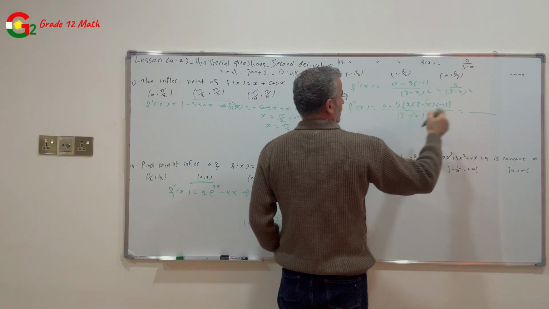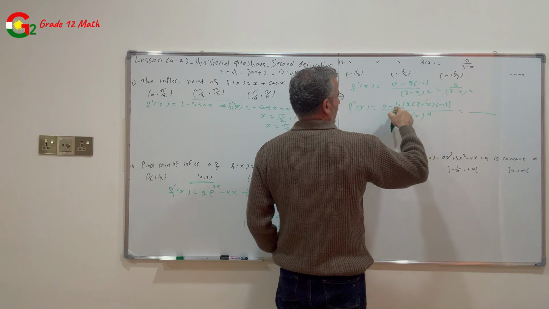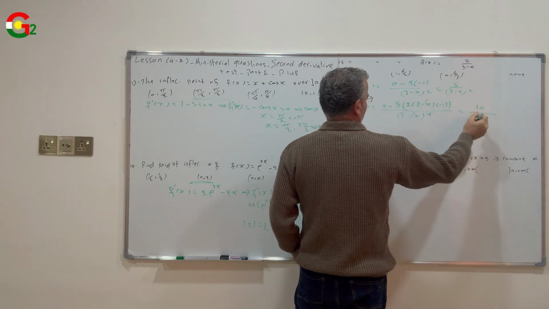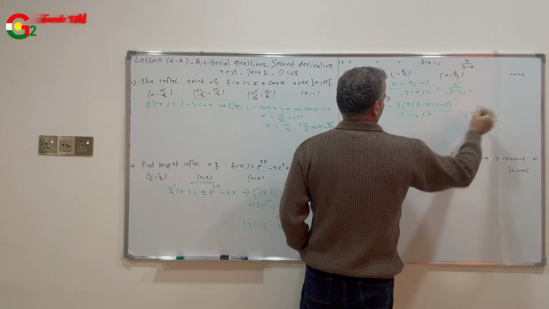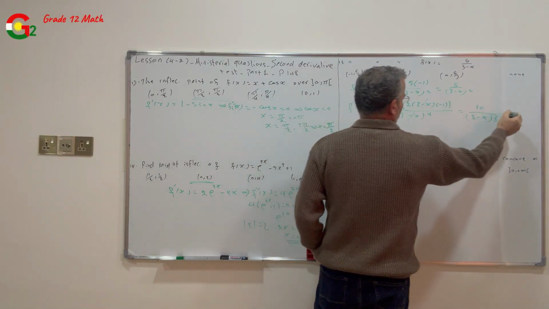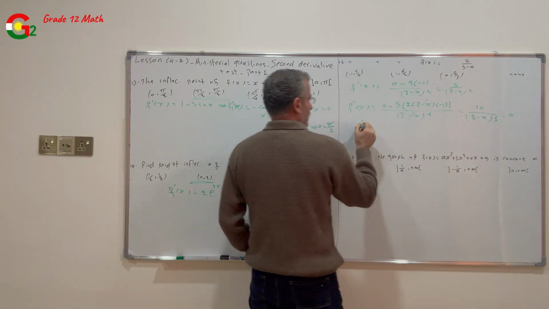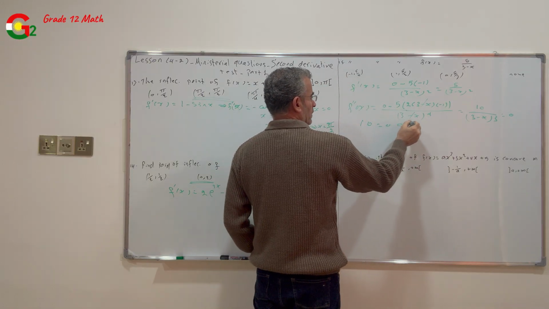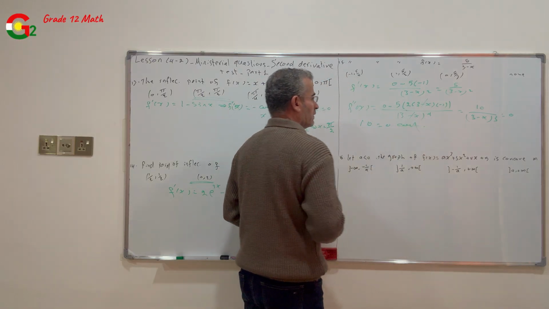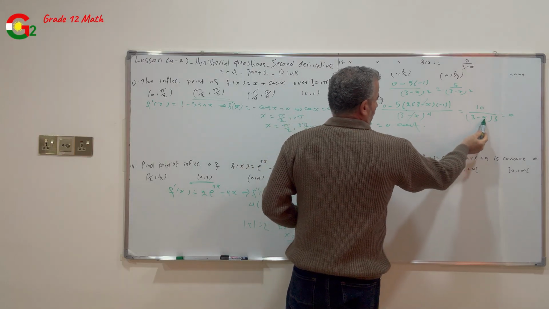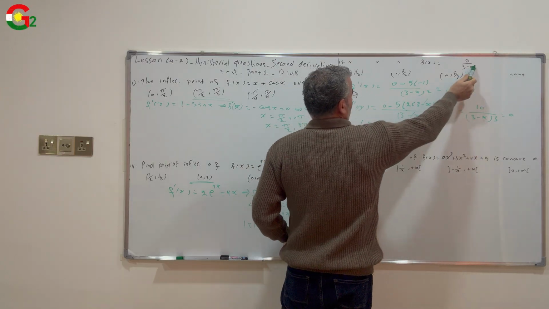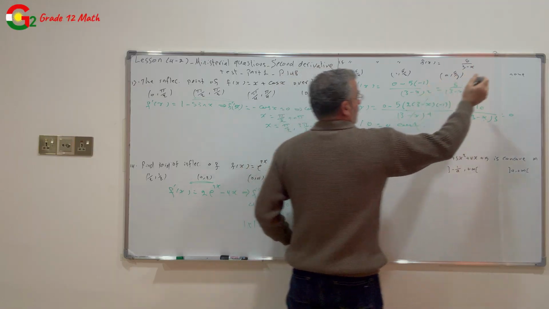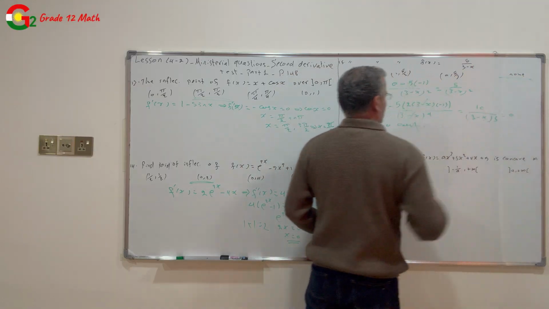Negative 1 times negative 5, 5 times 2, 10 over 3 minus x to the power 3. Set it equals 0. Then 10 equals 0. Contradiction. There is no point that makes the second derivative 0. The second derivative is not defined at 3, but 3 is not in the domain of the function. Therefore, there is no inflection point.